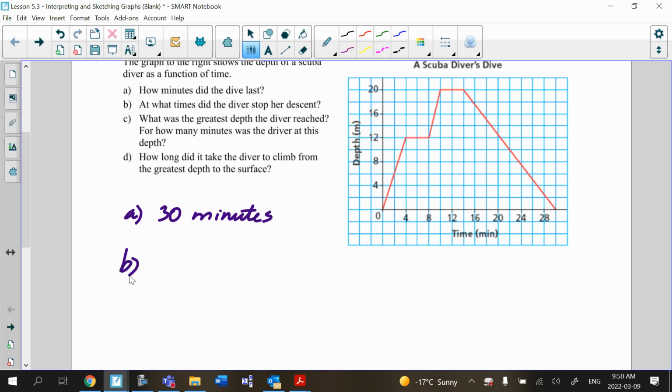Same here. So we would say, at 4 minutes, she stops for 4 minutes. And then at 10 minutes, she stops for another 4 minutes. So the times would be 4 minutes and 10 minutes.